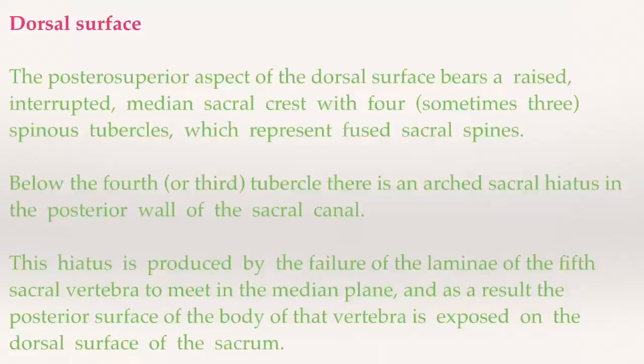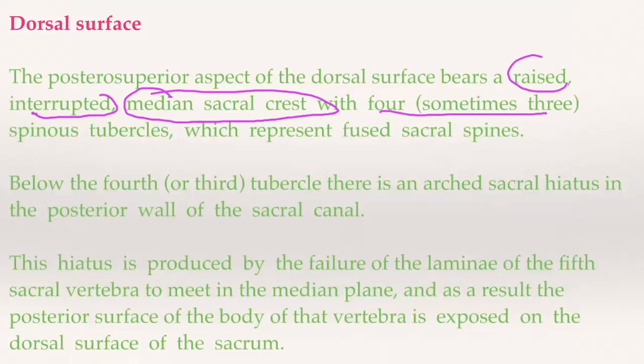Coming to the dorsal surface, the posterior superior aspect of the dorsal surface bears a raised, interrupted median sacral crest, with 4, sometimes 3 spinous tubercles which represent fused sacral spines, right?